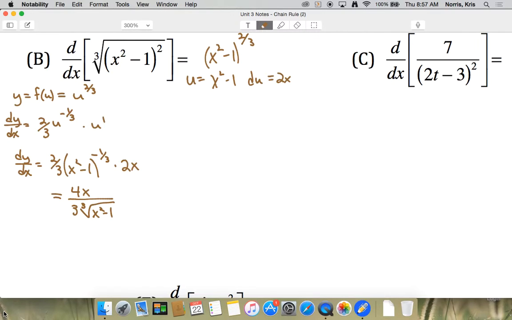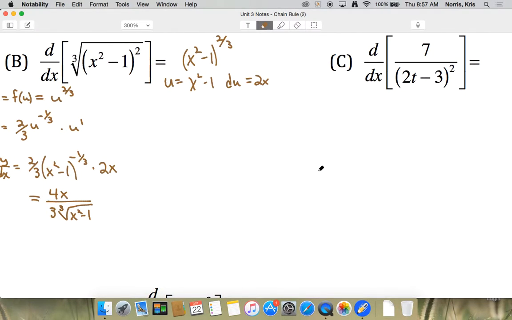I'm not done. Oh, that's all the room I have. I don't know where my little button is for me to be able to change colors. It's on the right side.